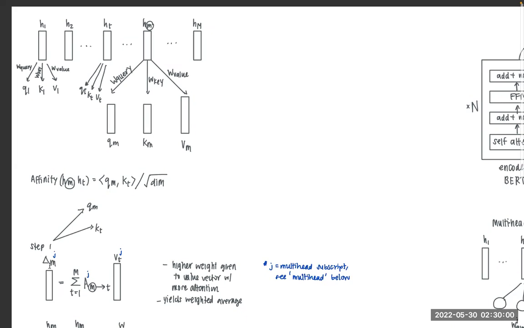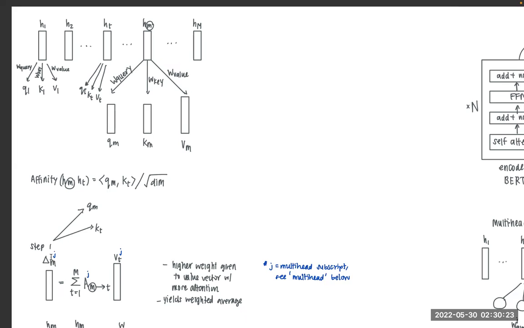And then each head computes the potential update delta M. So each head, using this operation, collects the content or value of the jth head from other vectors, and then it decides how much it wants to change.